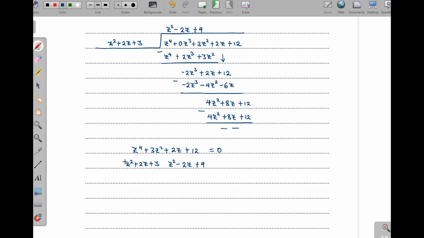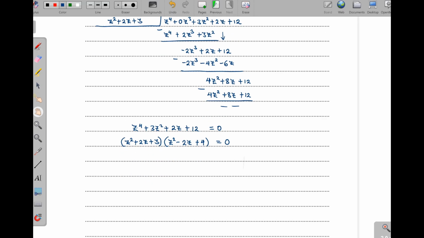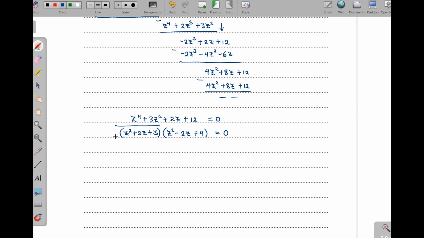So I'll just say this quadratic factor times this quadratic factor will be equal to what? To 0. Are we there? Now, since this one, we know that it gave us the other two complex conjugates, we just solve this one here. So z squared minus 2z plus 4, which is equal to 0.